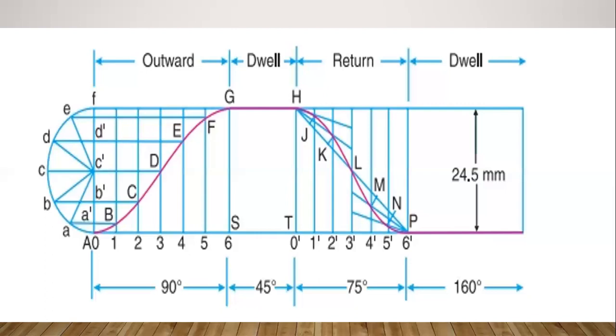So we are going to take the 6 equal parts. In that, take the center, that is the third equal part, and draw the vertical lines from all the divided points.